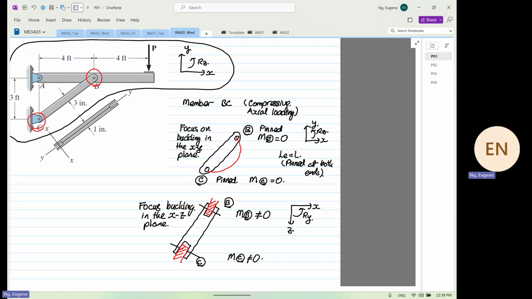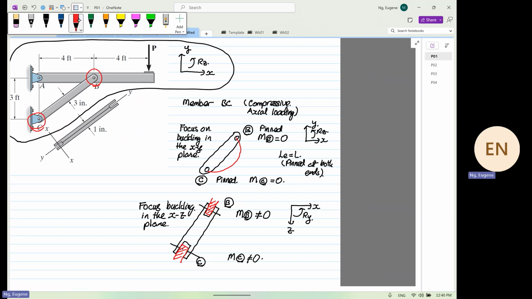It's preventing the what? Rotation. Can you all visualize it? Yes or no? I need you all to visualize this. Because if you can't, you will say that buckling along the XY plane and XZ plane is the same. It's not the same. So when this is the case, the structure will deform this way.